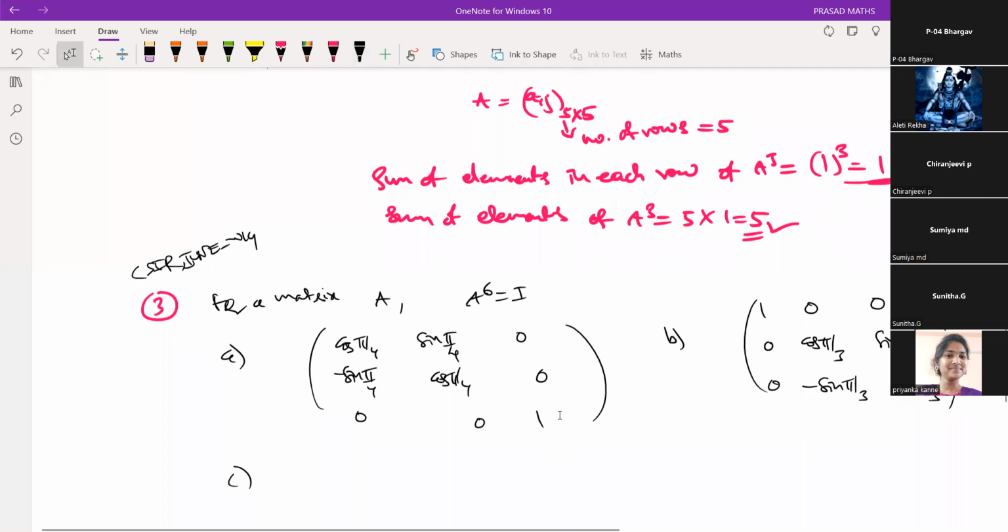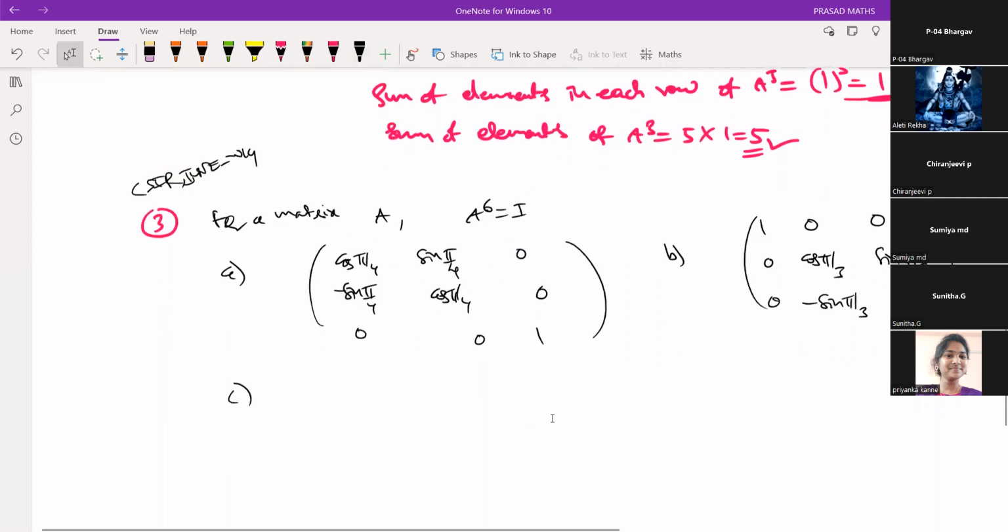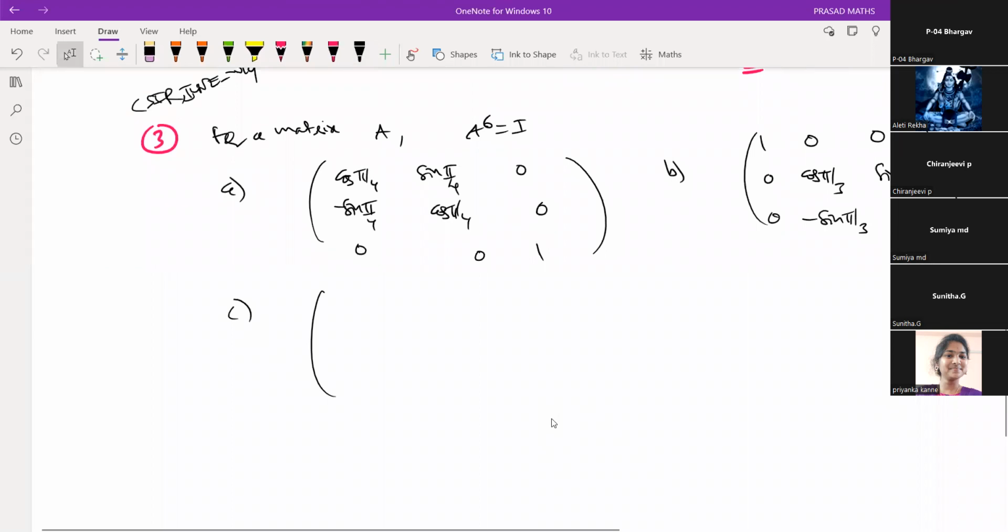C is cos pi by 6, 0, sin pi by 6; 0, 1, 0; minus sin pi by 6, 0, cos pi by 6.